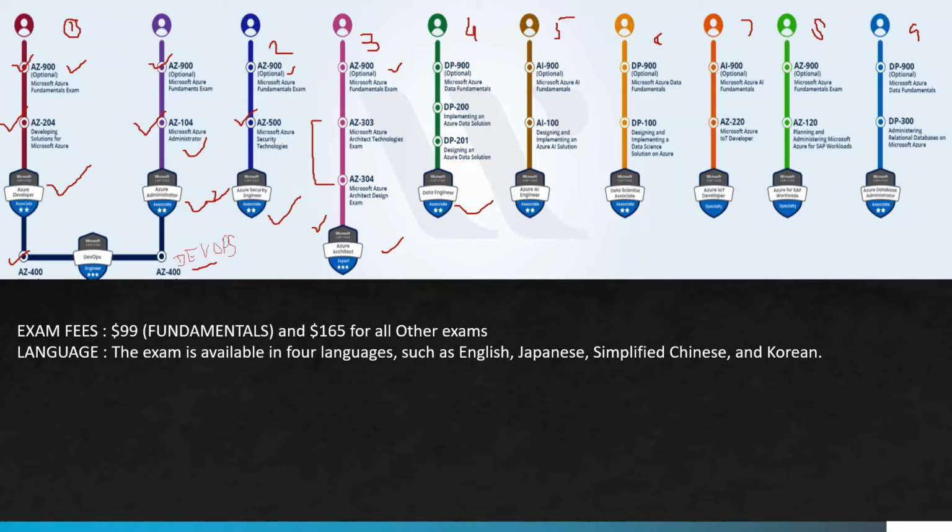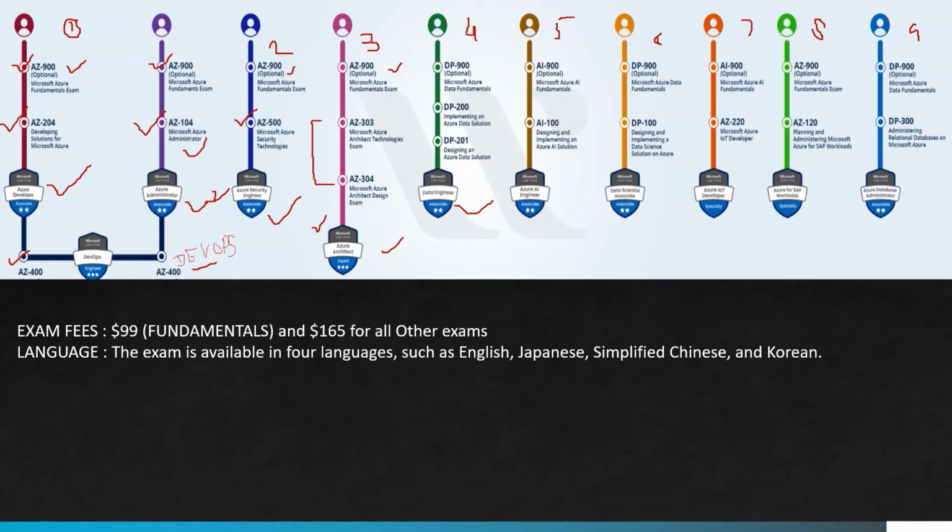Similarly, let's say if you want to work in the Azure artificial intelligence area, then in that case you have to pass AI 900, the Azure artificial intelligence fundamental certification. This is an optional certification, but I'll suggest to go through this certification first, because once you pass the AI 900, it will definitely help you to pass the AI 100 certification.